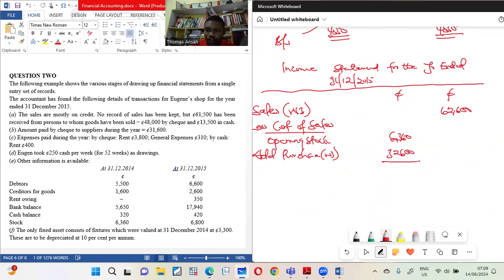All right. If there is any drawings on stock, you will do it here. So now how much do we have? So I have 6,360 plus 32,600. That gives me 38,960. What do we do? Less closing stock, right? Closing stock is here, which is 6,800, right? So that is that.